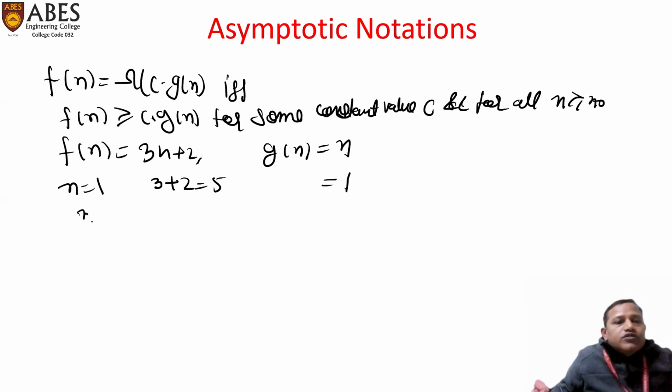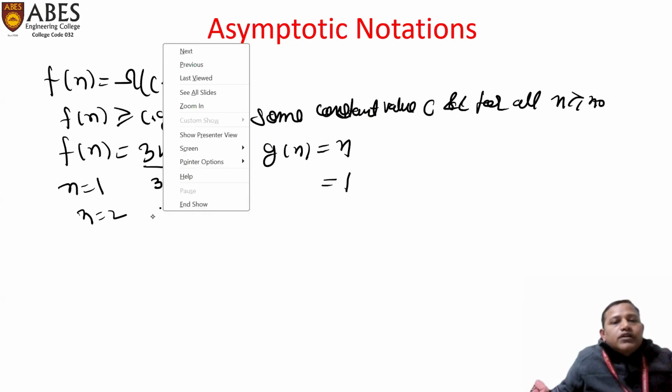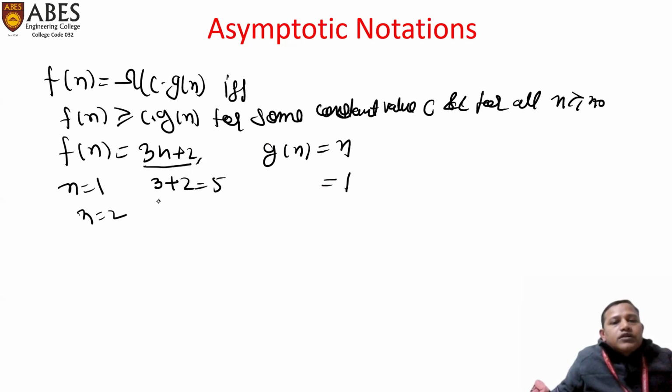If n is equal to 2, then 3n plus 2 is equal to 3 into 2, that is 6, plus 2, that is 8, and g(n) is equal to 2.